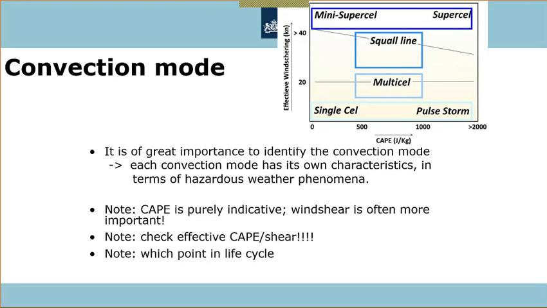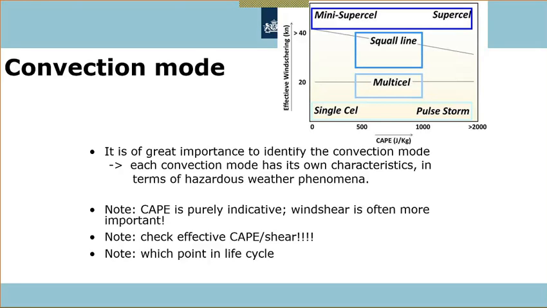To give you a summary, CAPE is purely indicative. Wind shear is often more important, and you have to look at the effective layer. So you do not have to take into account the layer below a capping inversion.